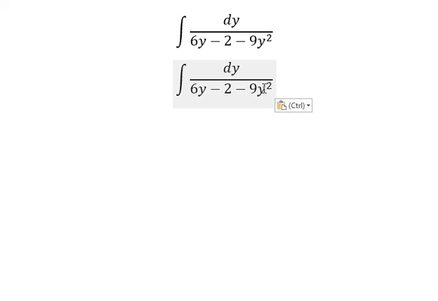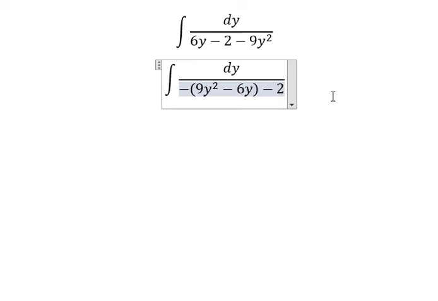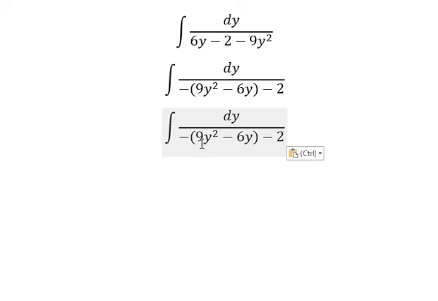So negative 9y squared and 6y, we can do factorization by negative number 1 in here. So this one we have 3y, everything to the power of 2. This one we have number 2 multiplied by 3y.